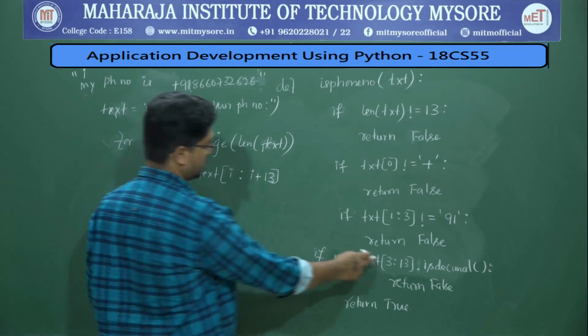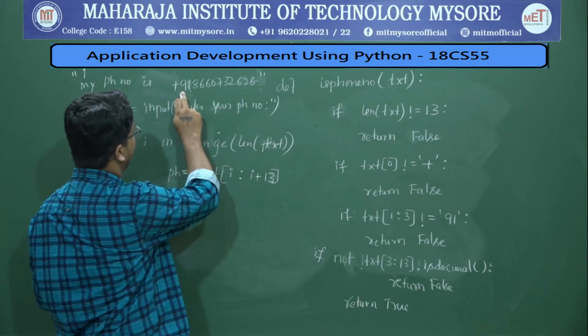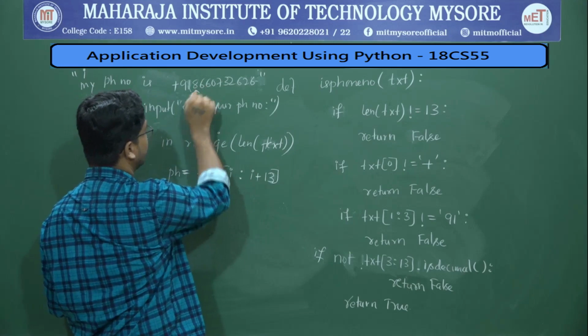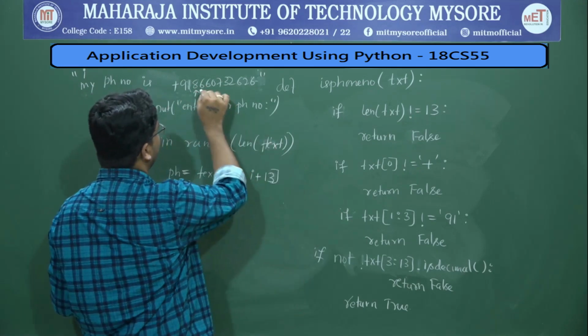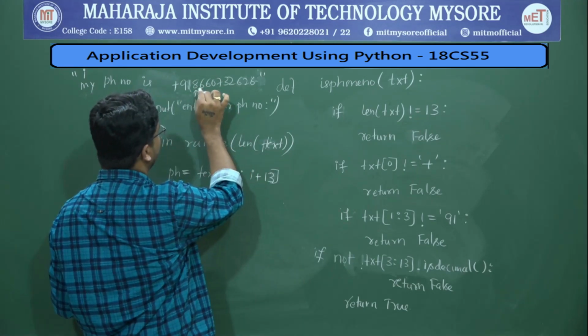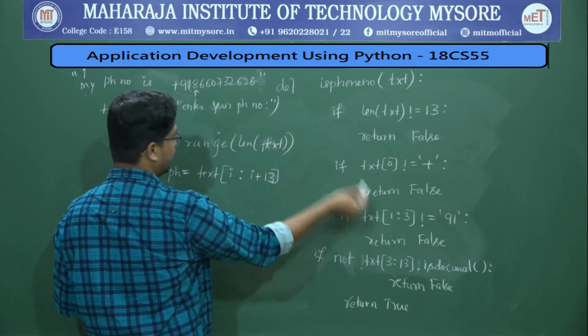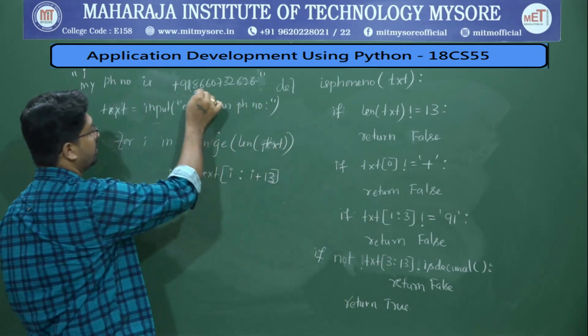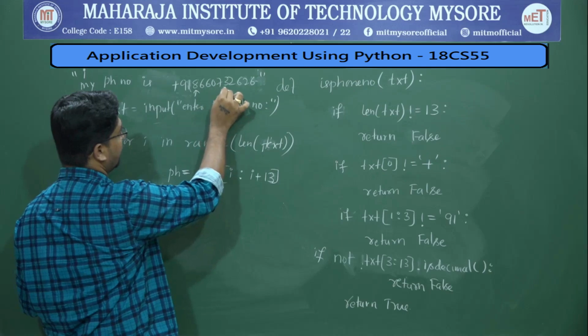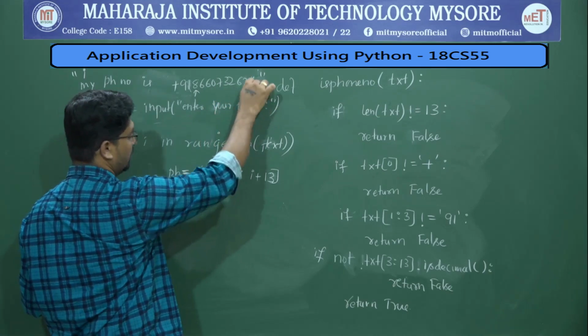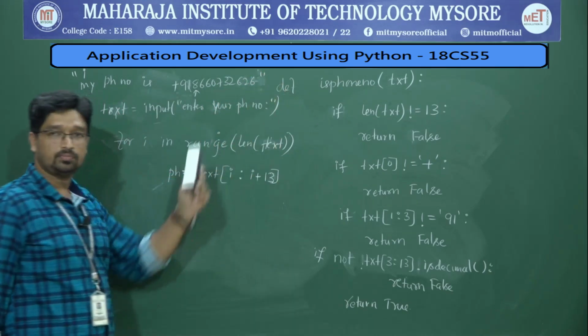I think here it is wrong. 0, 1, 2, 3 from here. 3, okay, 10 characters. Here it is 10 characters, it's not a problem. 3, 4, 5, 6, 7, 8, 9, 10, 11, 12. So it's 13. It's correct.